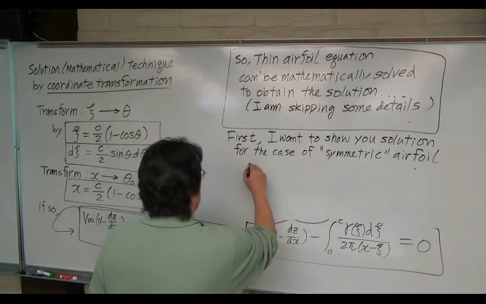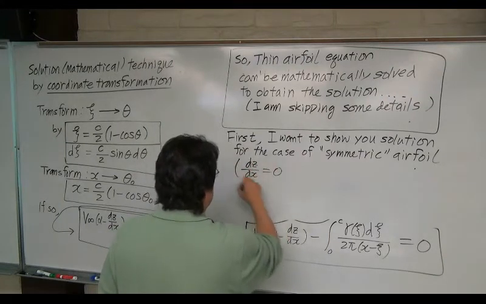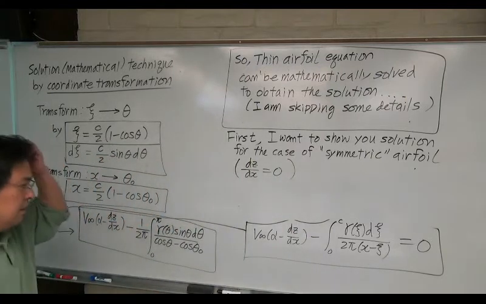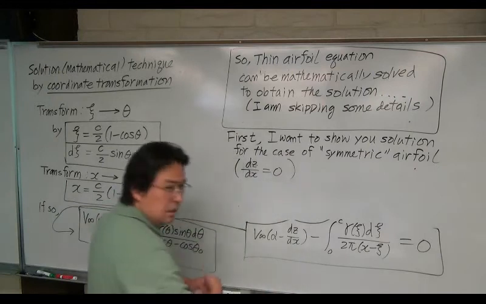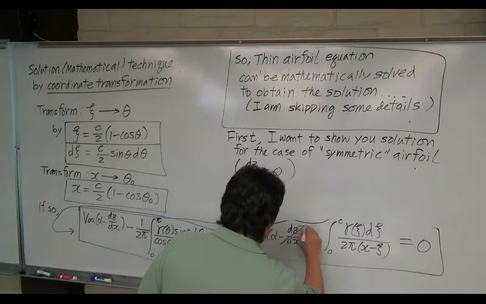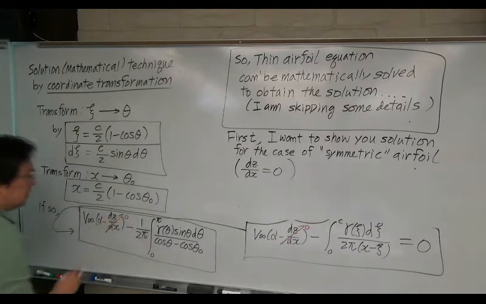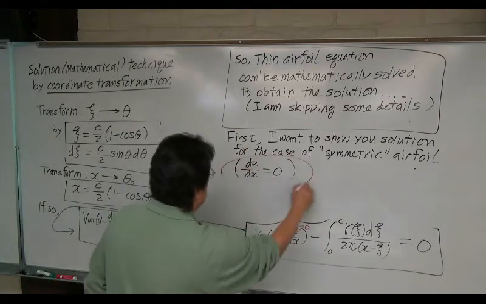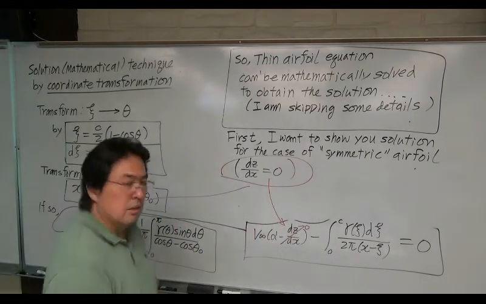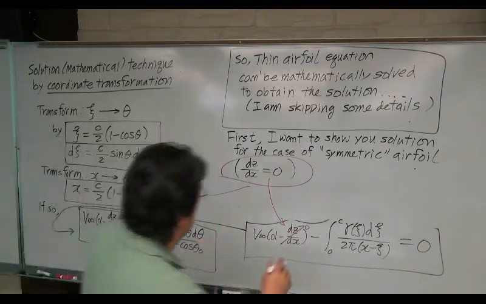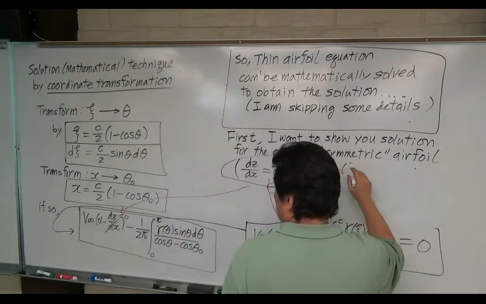Symmetric airfoil really means that dz/dx is equal to 0. If dz/dx equals 0, that's the good thing. This is 0, and this is also 0 if it's symmetric.